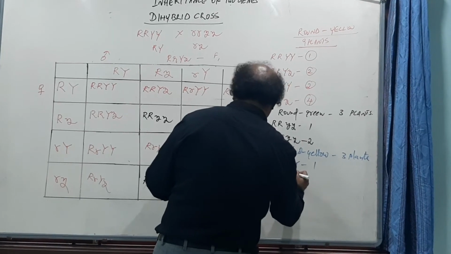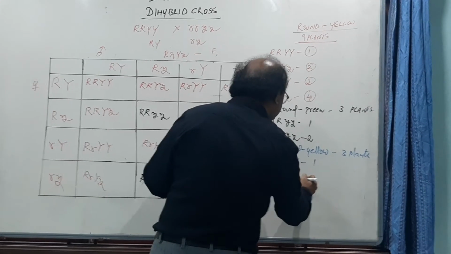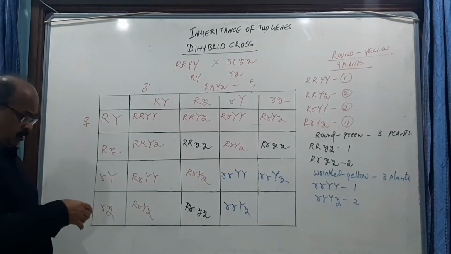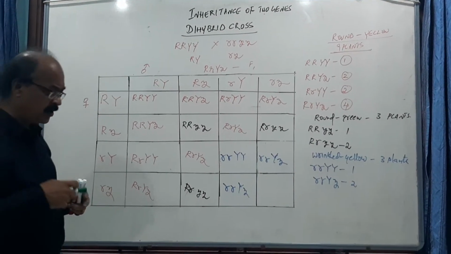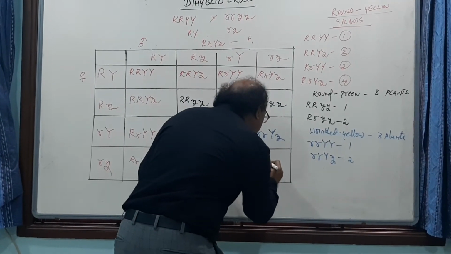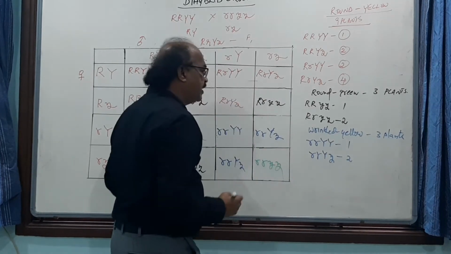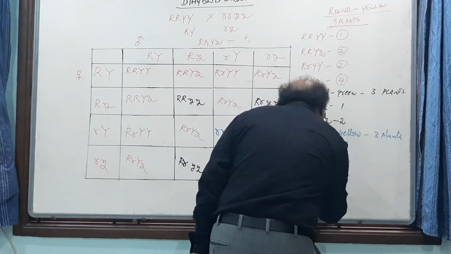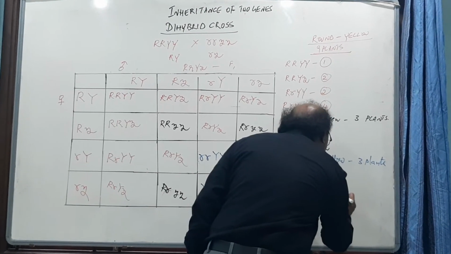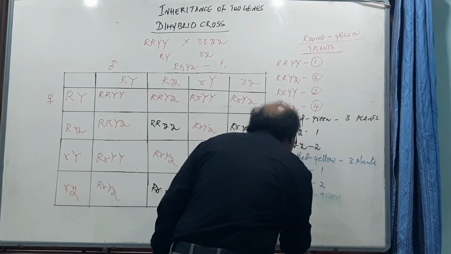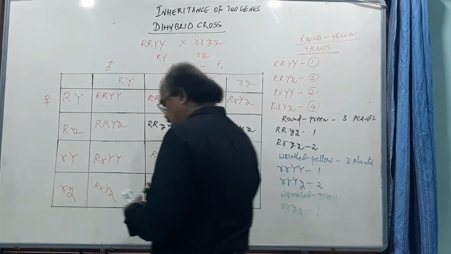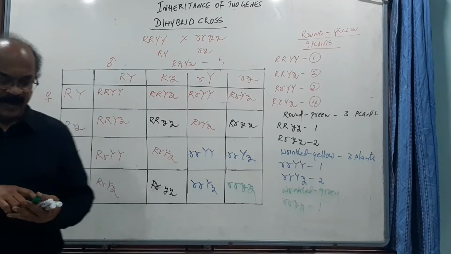Small r, capital Y, small y, there are two plants. And finally, there is only one plant, that is small r, small y, wrinkled and green. One genotype and one plant only.